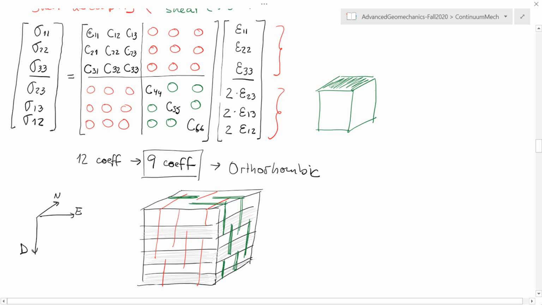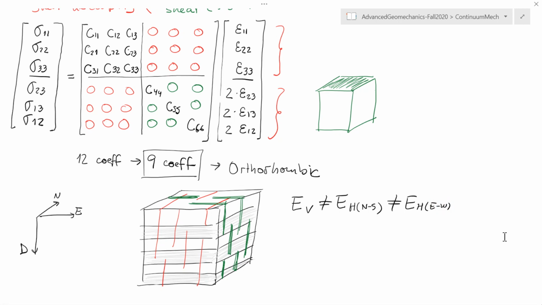What we're saying in this case, for example, is that if you were to measure the Young modulus in the vertical direction, that's going to be different than the Young modulus in the horizontal direction, north-south, and that's also going to be different than the Young modulus in the horizontal direction, east-west. And this is what is called an orthorhombic material.